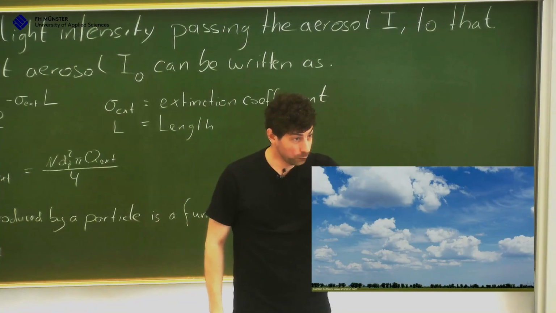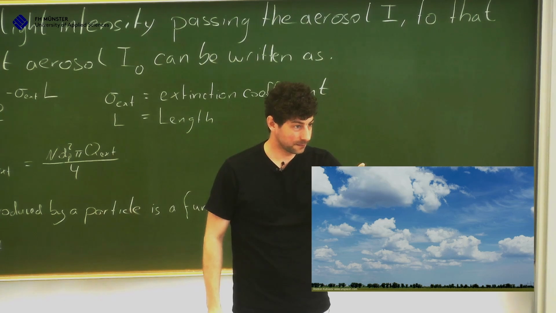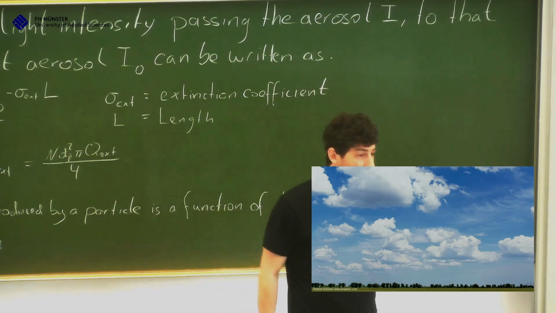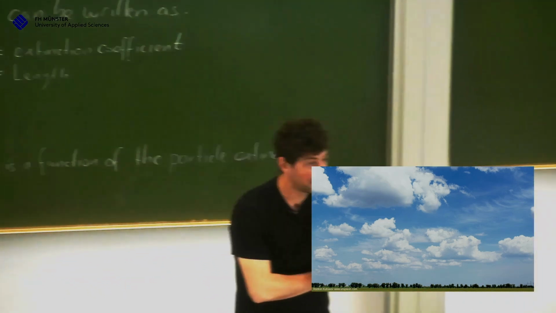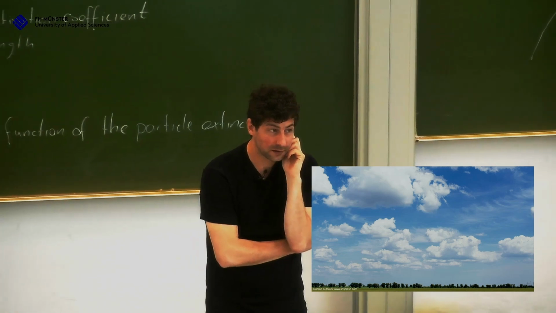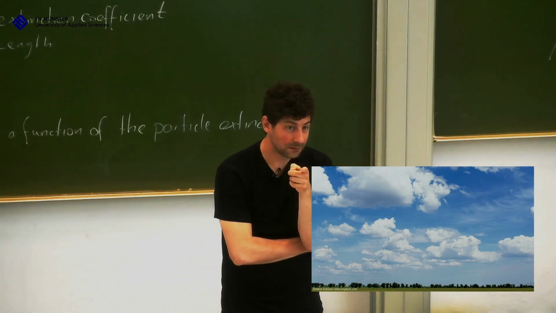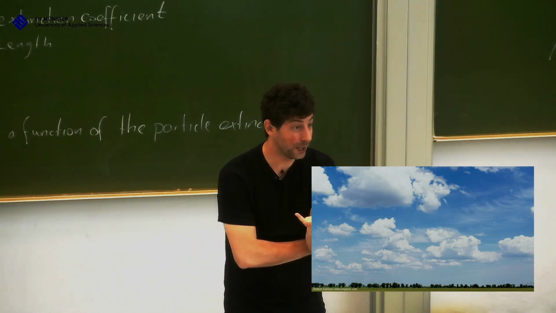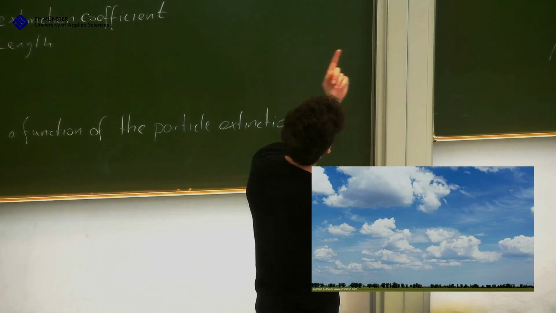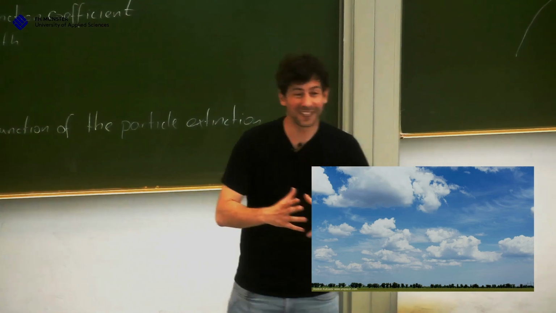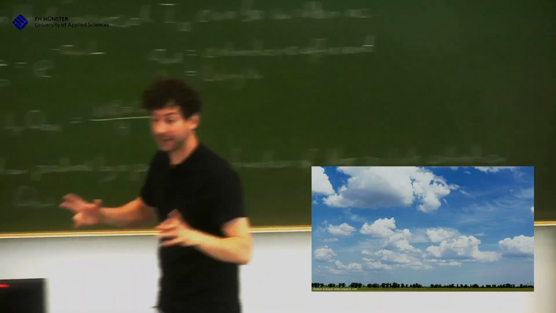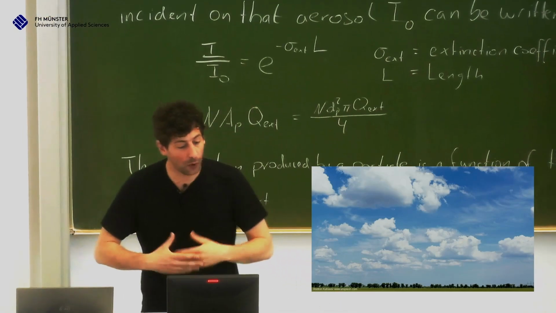They scatter light. Which one? Which wavelength? The smaller ones. All of them, right? White is all of them. So here we see white clouds because the light is scattered by the larger water droplets and all of the light.